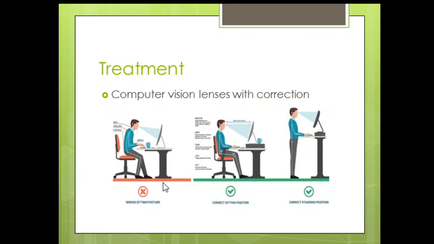The treatment is computer vision lenses with correction. Computer vision lenses are nowadays available with yellow tint, which basically helps to protect from the blue violet rays, and these lenses also increase the contrast of your system, which helps to manage computer vision syndrome.